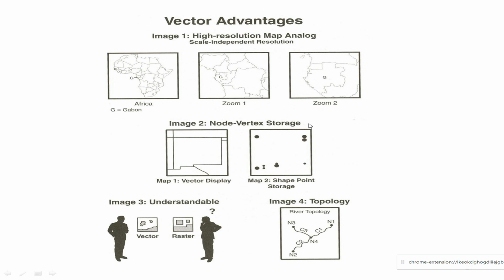Whatever scale you give, you'll be getting the information correctly. No resolution problem is there because it is not dealing with grids. And node vertex storage, like vector display, here it is showing shape point storage.